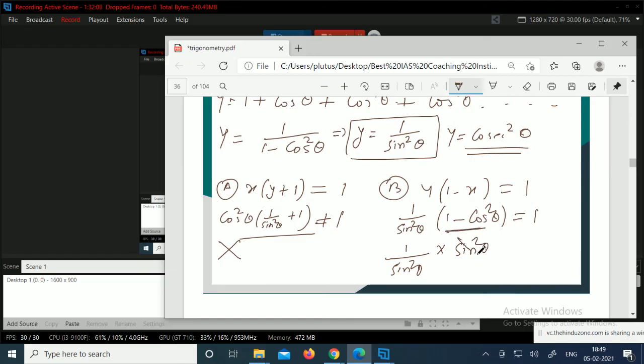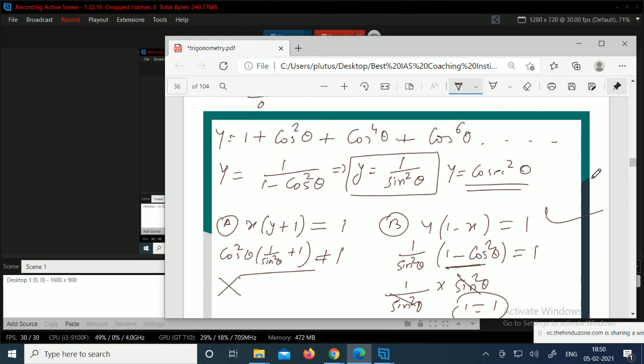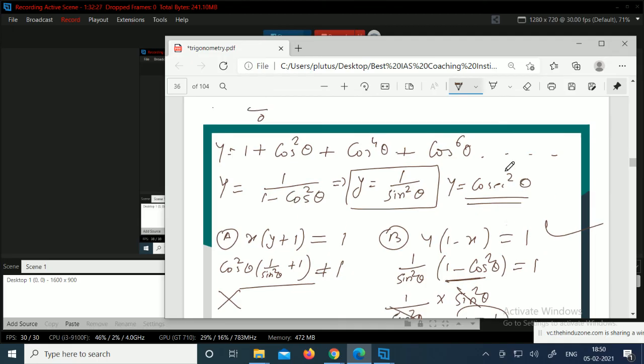So this gets cancelled, 1 equal to 1. So this option is possible. So this is the type of question where we need to solve each option by finding the values of x and y respectively. Are you getting this question?